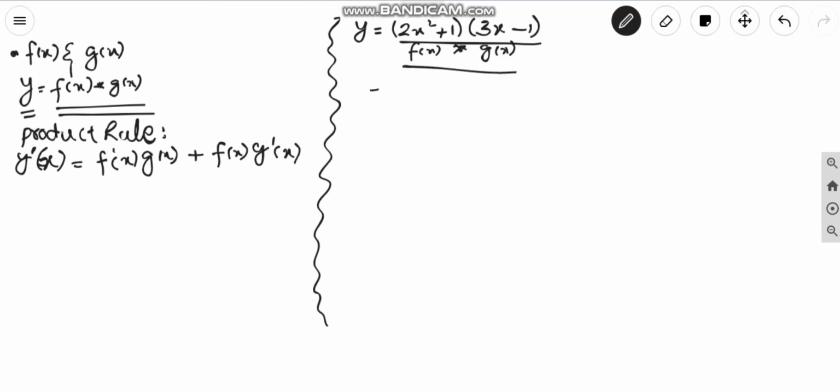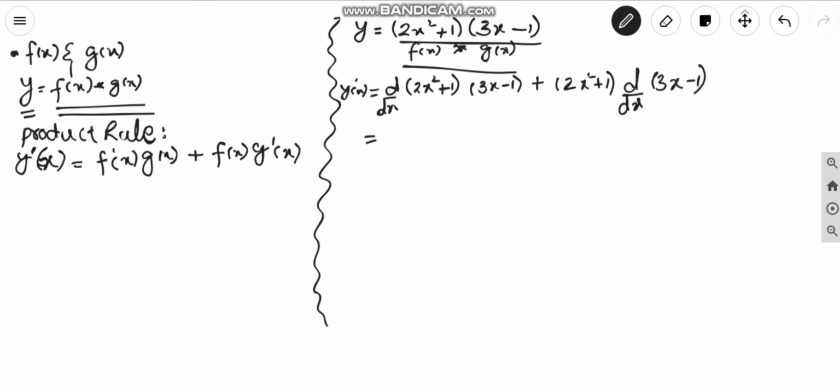So let's apply the product rule. The product rule states that take the derivative of the first function. The first function is 2x square plus 1 and the second function will remain as it is, plus the first function will remain as it is, and take the derivative of the second function.